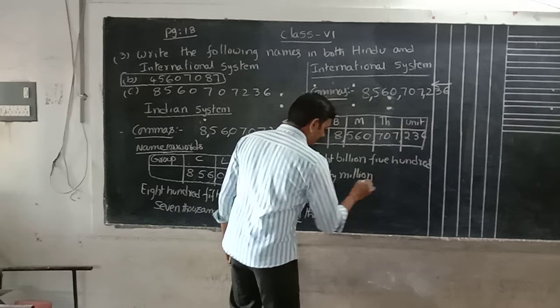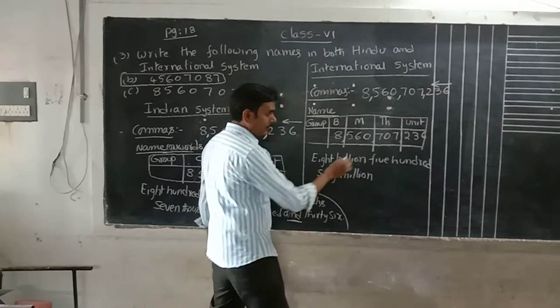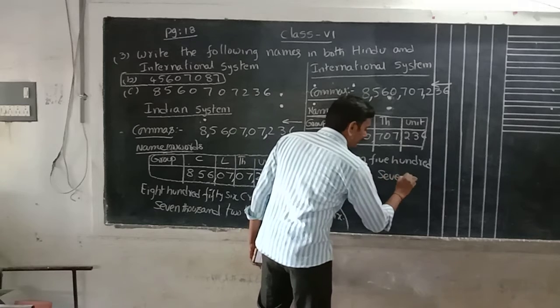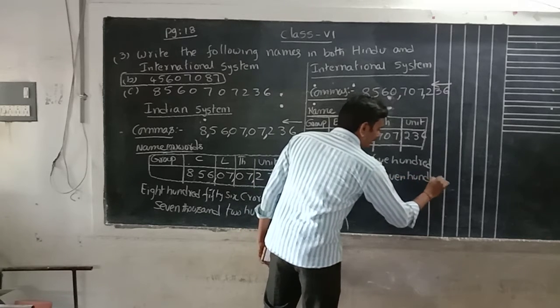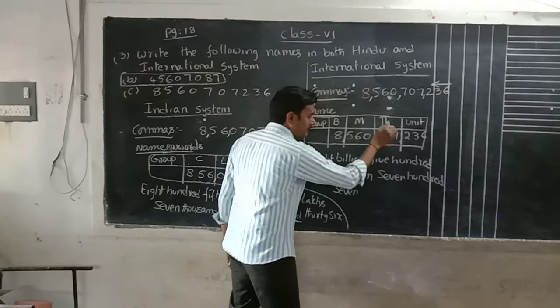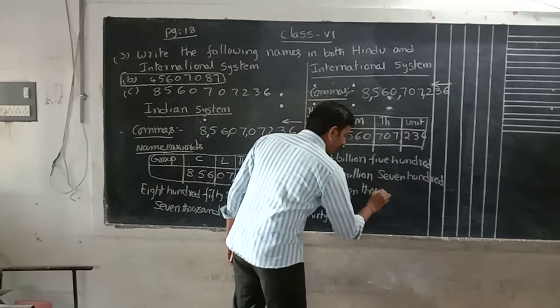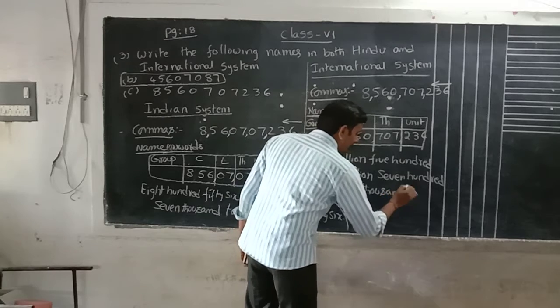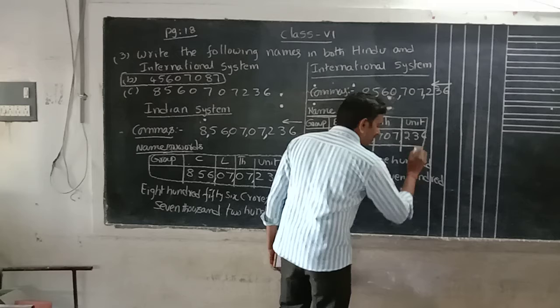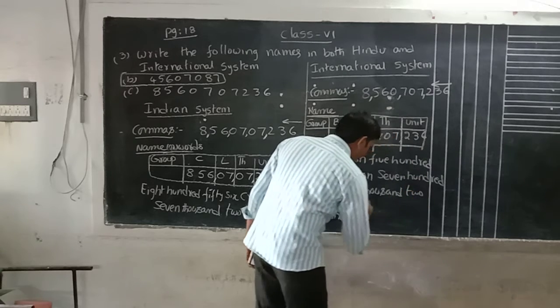Million. 560 million. What is the thousand group having? 707. What is the place value? Thousand. 707 thousand. What is the unit group having? 236.